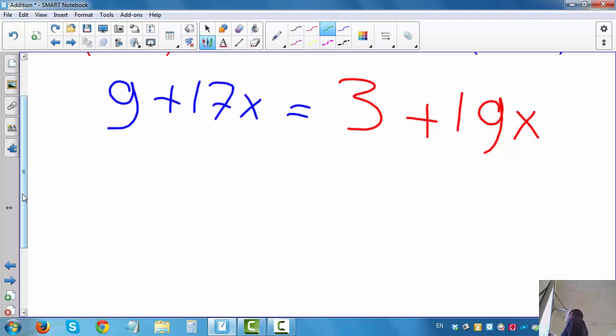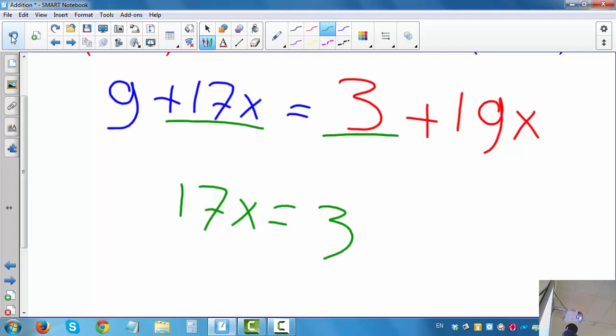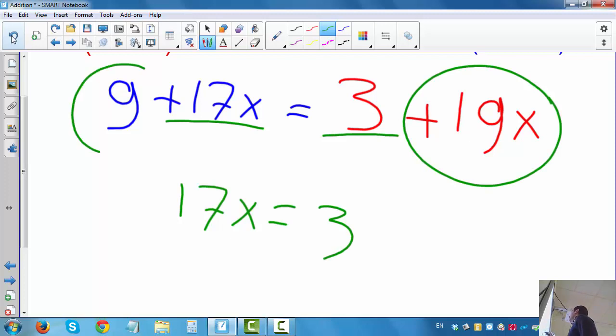So that means this is not going to change because I'm going to keep the x here and I'm going to keep the numbers there. The only things in this equation that will change are plus 19x and no sign, which means plus 9.